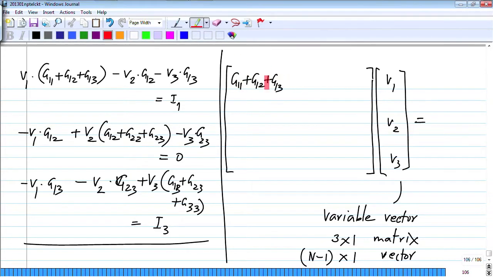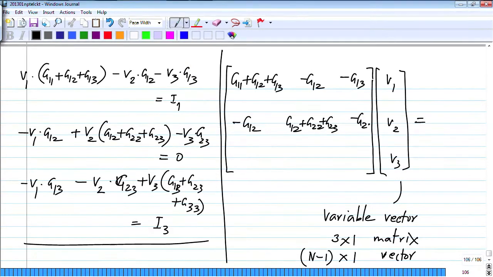Okay, you know that when you multiply matrices, you multiply this first element by the first element here, second one by second one, and the third one by third one. So we will have minus G12 minus G13. Similarly for V2, this minus G12 is the coefficient of V1, and G12 plus G22 plus G23 is the coefficient of V2, and finally minus G23 is the coefficient of V3.